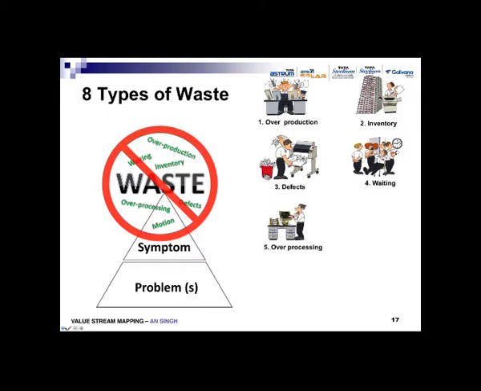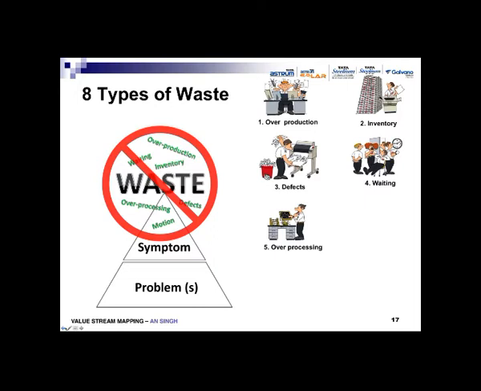The fifth is over processing. It means that for production of any item, if unnecessary extra steps are involved, which can be avoided by improving the process methodology, that is called over processing.